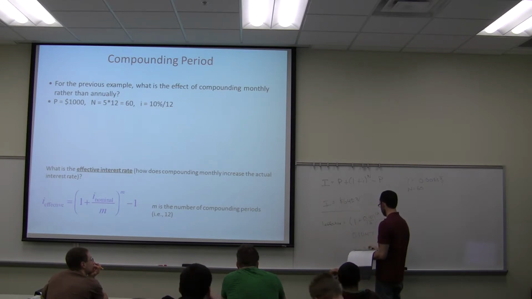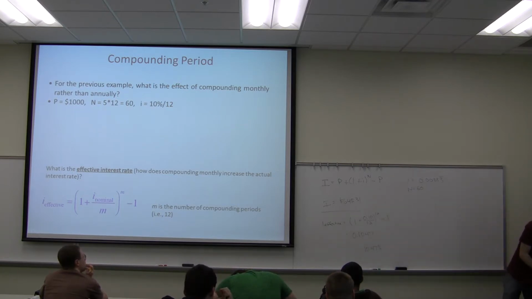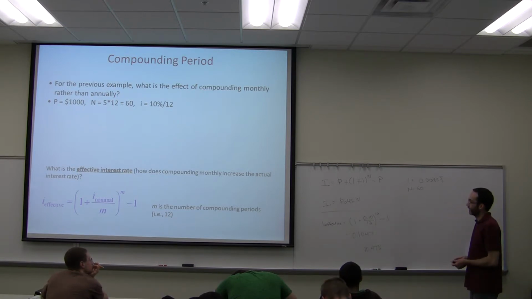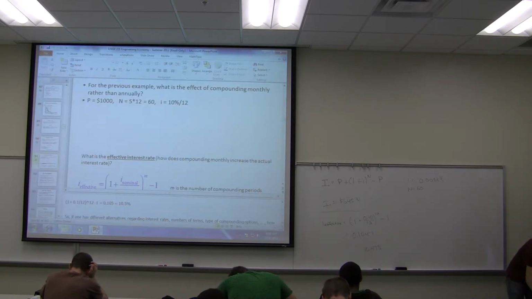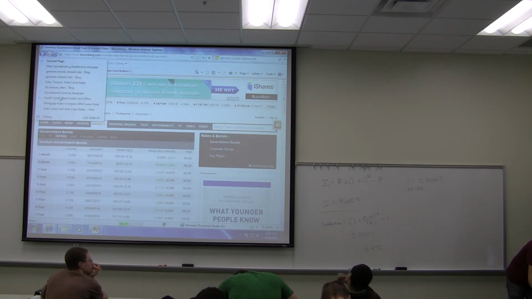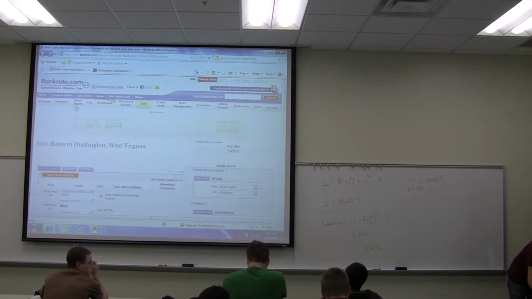And so 10.47% is the effective interest rate on an annual basis if you consider the fact that it's compounding monthly. And so that takes me back to what we were looking at on bank rate. Let's look at the savings accounts.